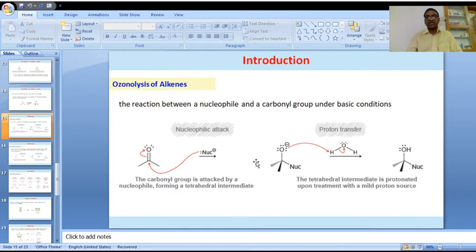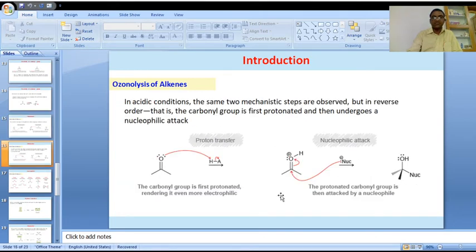This type of reaction, nucleophilic attack, proceeds under basic condition. In the same manner, the same type of reaction proceeds under acidic condition. We will discuss that in the next slide, the acidic manner.